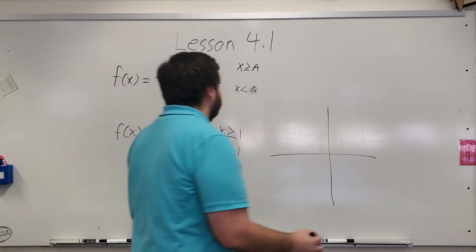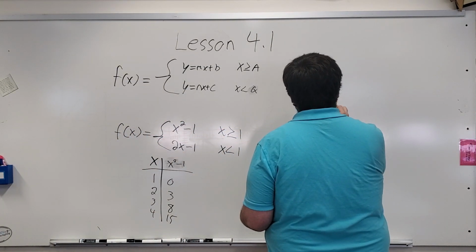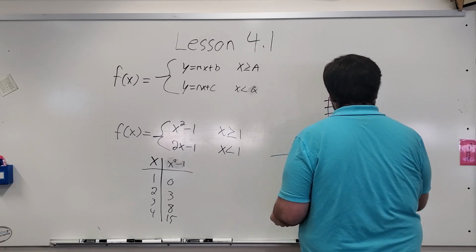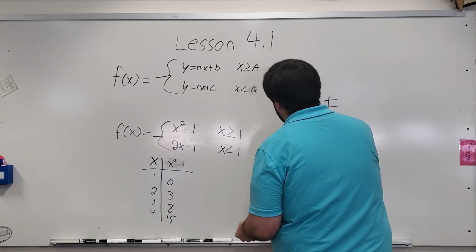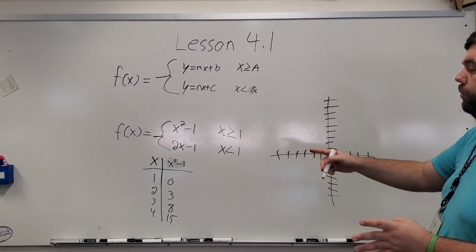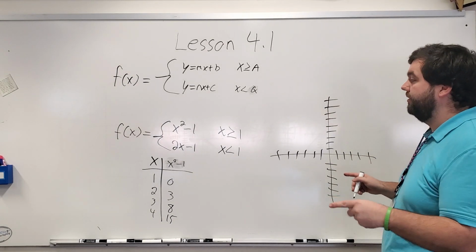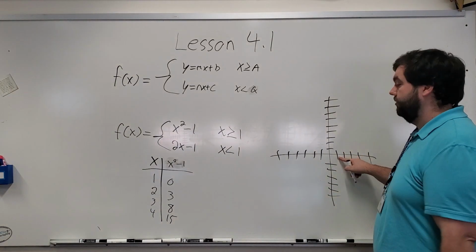So then I graph this. I come over to my graph using my XY table, and I go to where I start. So I start at my domain restriction, which is at 1, 0. So that's right here.